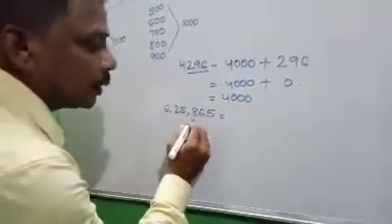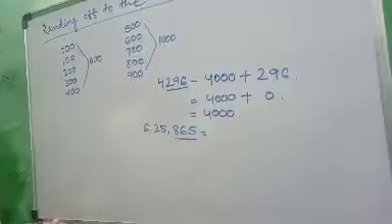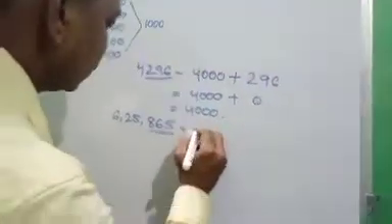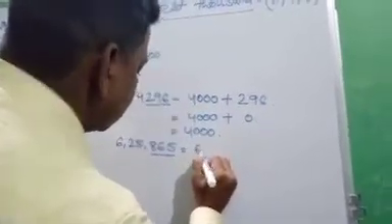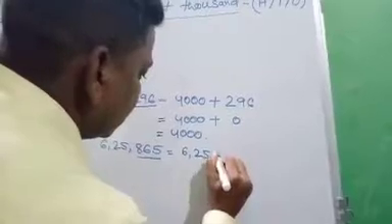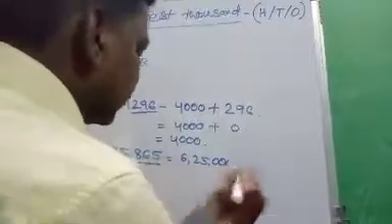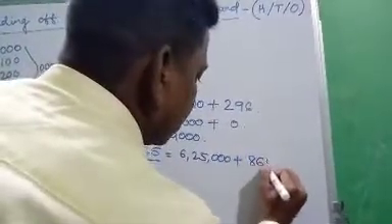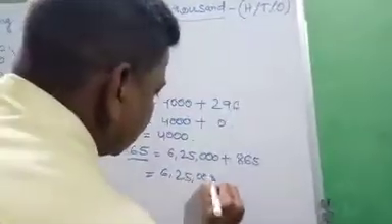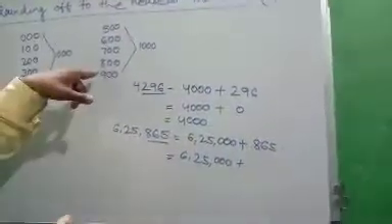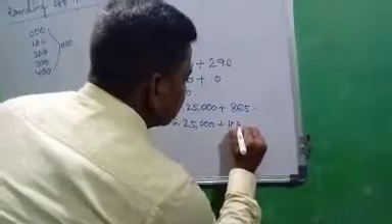It is a 6-digit number, but we have to look at these 3 places only. So 6,25,000 plus 865, and 800 will become 1000.